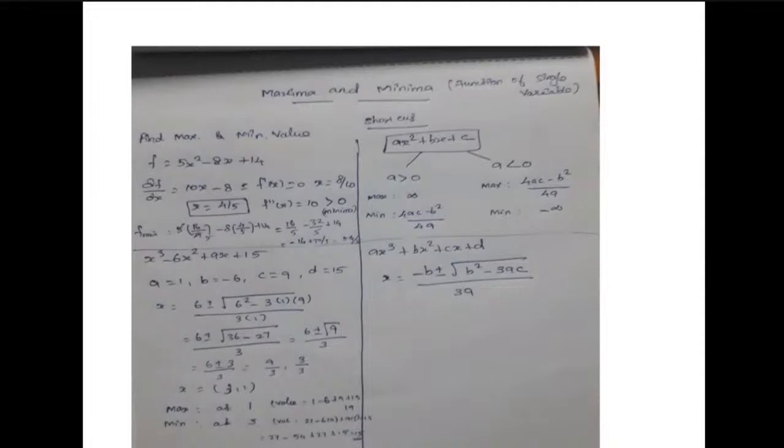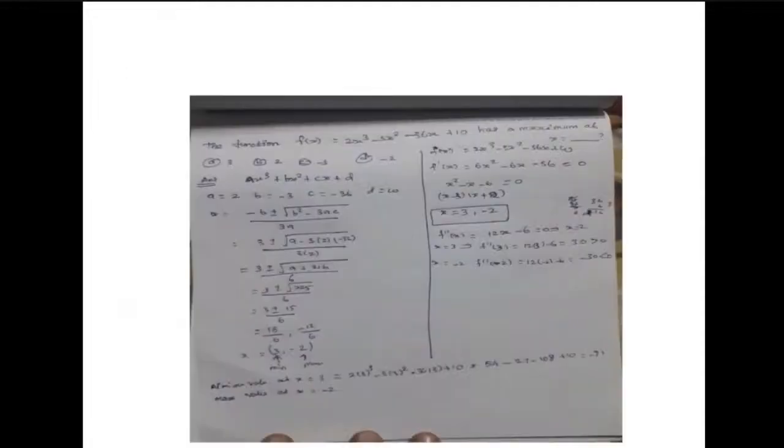In this problem also we can substitute and check it. Sir, this is the short method. On the right side of the slide, I have found f double dash of x.